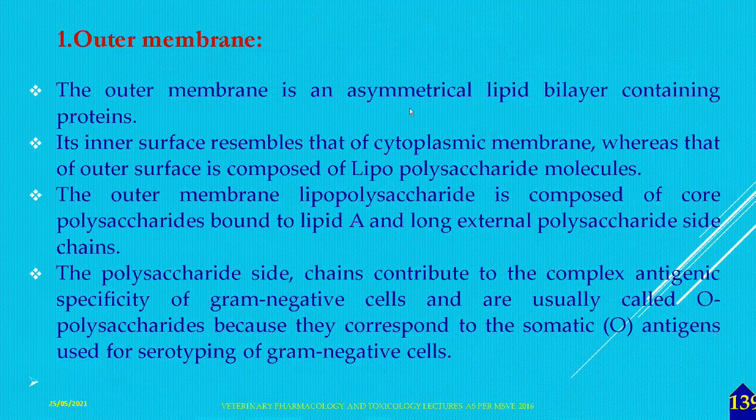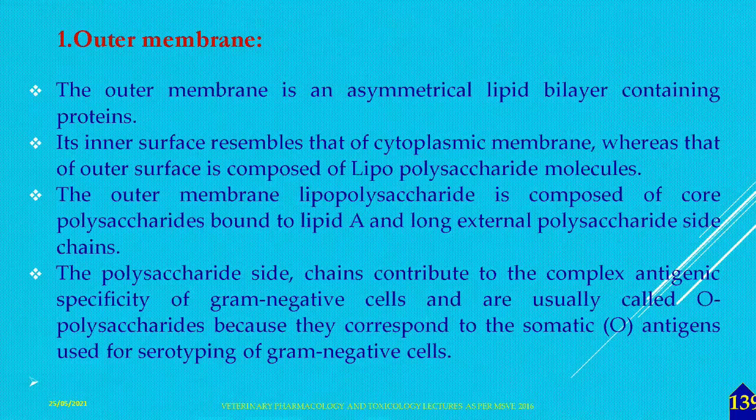So the outer membrane is an asymmetrical bilayer containing proteins, and the inner surface resembles that of the cytoplasmic membrane, whereas the outer surface is composed of the lipopolysaccharide chain. The outer membrane lipopolysaccharide is composed of core polysaccharides bound to a lipid and long external polysaccharide side chains.